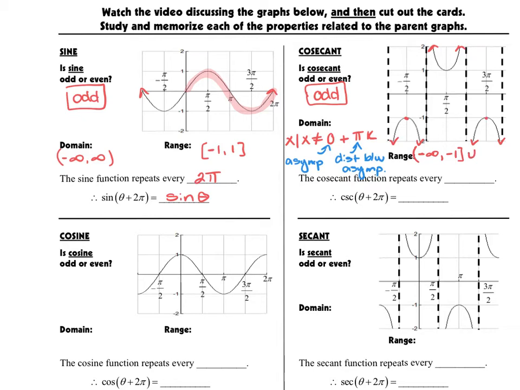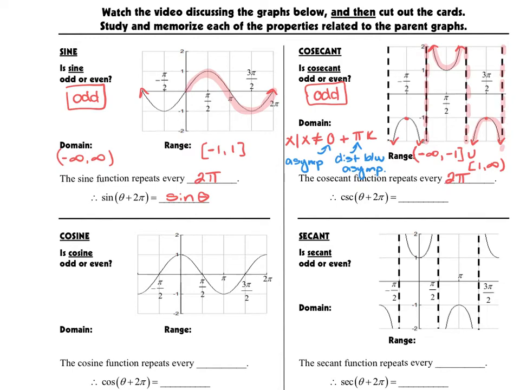And then we're going to start over at +1 and go to positive infinity. The cosecant graph is also going to repeat every 2 pi, just like the sine graph did. And if we want, just like we did before, we can highlight what one period is going to look like. So this would be 1 period.